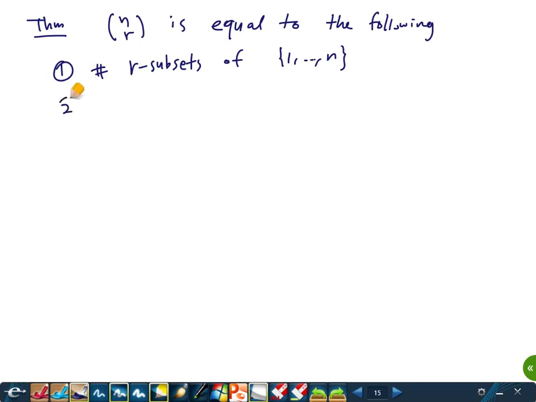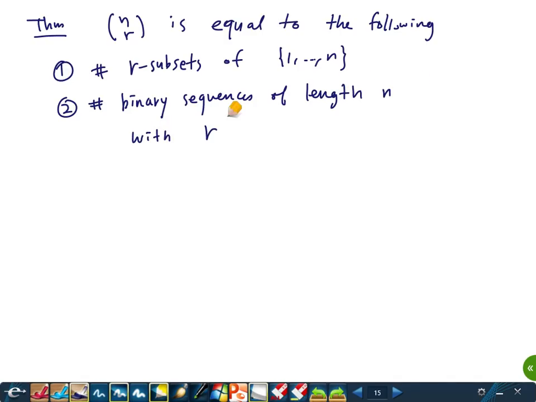And also, second, the number of binary sequences of length n with exactly R ones. Binary sequence means a sequence of ones and zeros. It only consists of ones and zeros. With exactly R ones, and because the length means the number of digits there, it's n, so there are n minus R zeros.